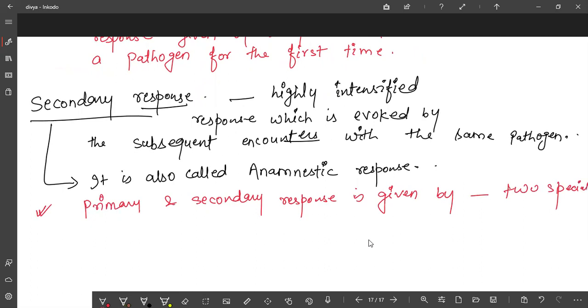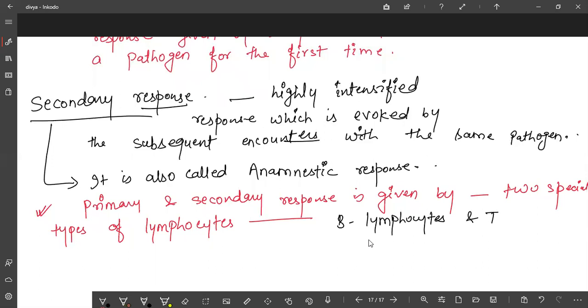We will discuss about it. The lymphocytes are B lymphocytes and T lymphocytes.